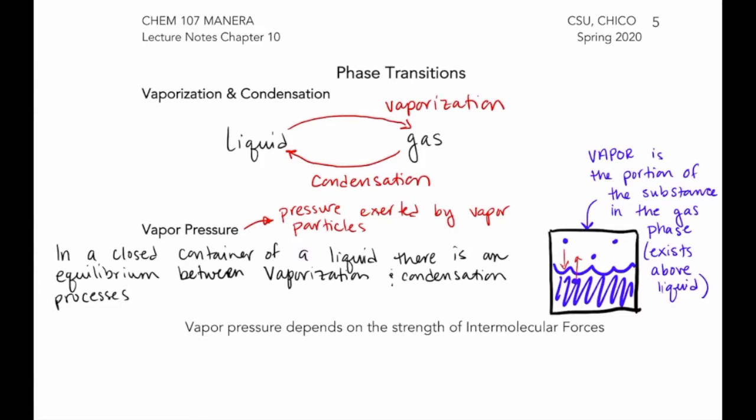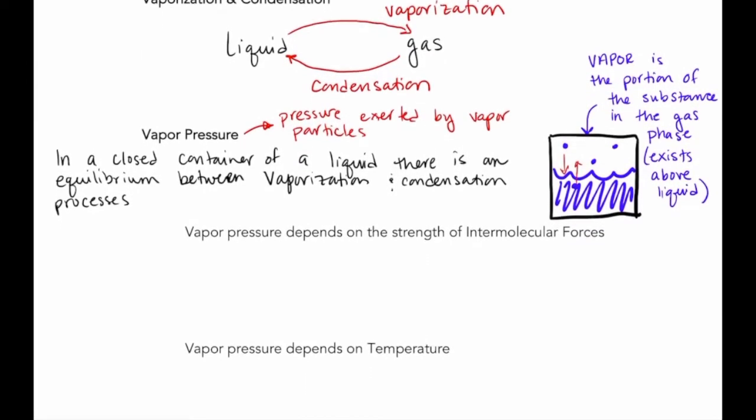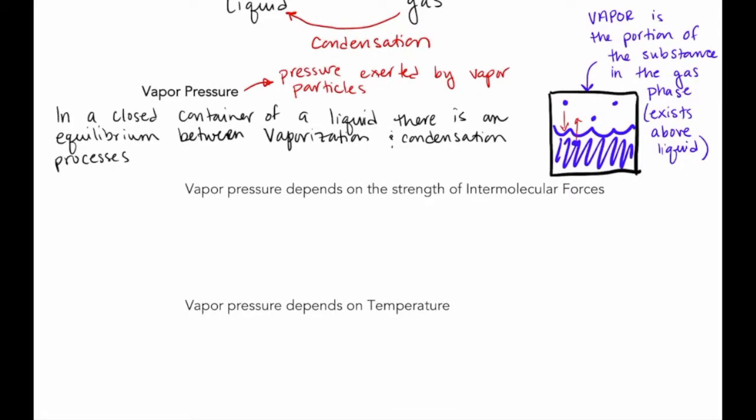So the vapor pressure of a substance is going to depend on the strength of the intermolecular forces. If we're imagining some substance, if the intermolecular forces are strong, then it's going to be difficult for particles to escape the liquid and go into the gas phase. So if IMFs are strong, it's more difficult for particles to escape the liquid phase.